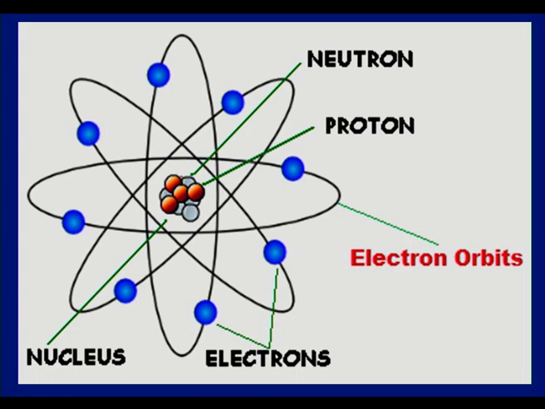See children, the atom is very minute, we can't even see it with our naked eye, and he compared the atom with the solar system. That is why the Rutherford atomic model is called the planetary atomic model.